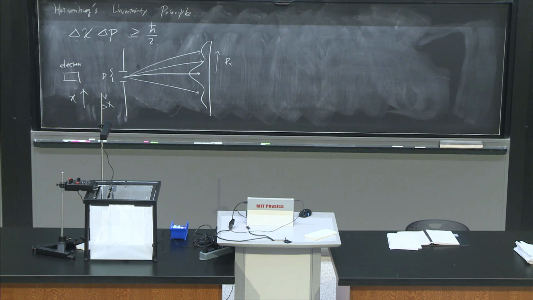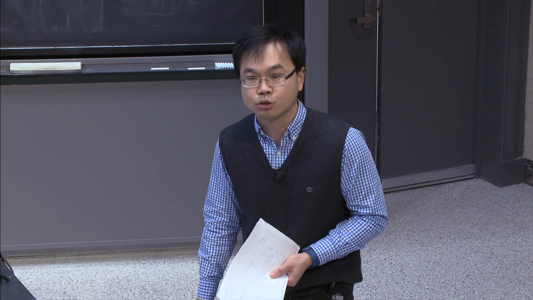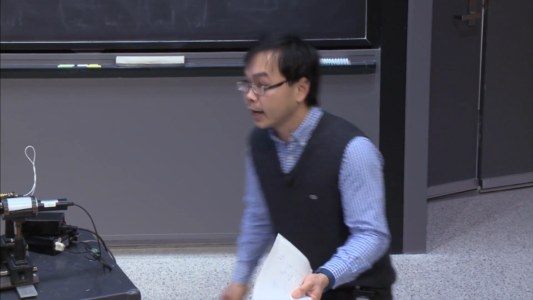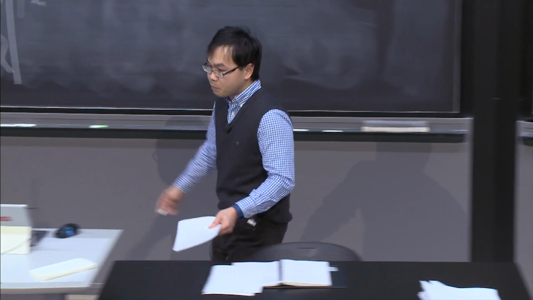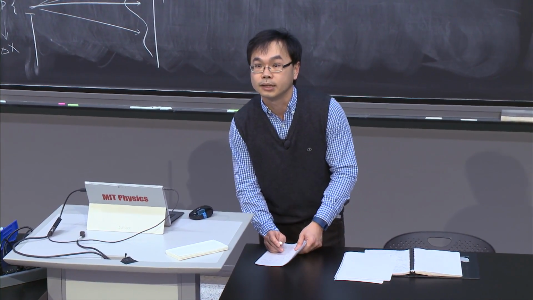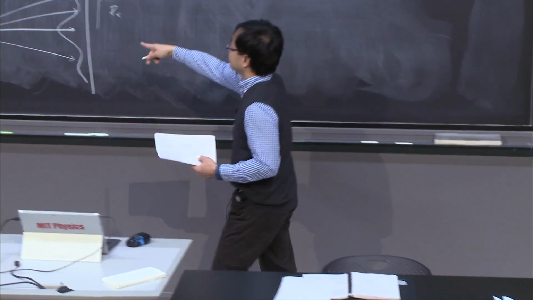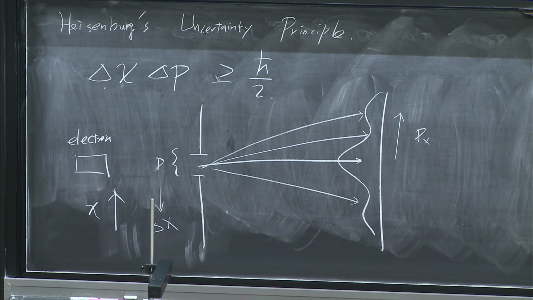When delta x becomes larger, the uncertainty, or the distribution of the momentum in the x direction, becomes smaller. So now we understand a little more about what single slit diffraction means, and that it is closely connected to the uncertainty principle Heisenberg proposed.